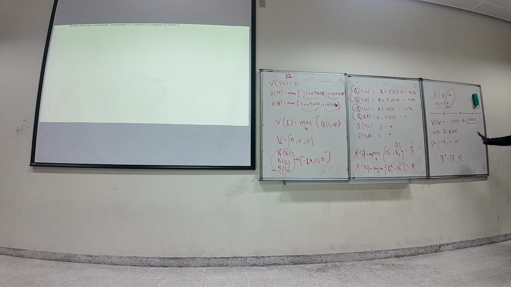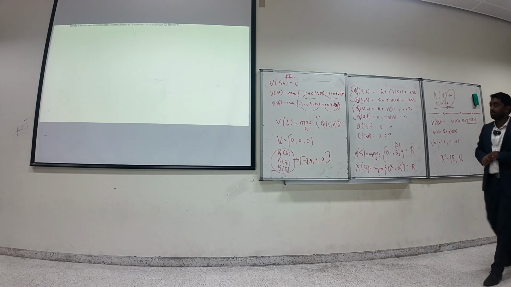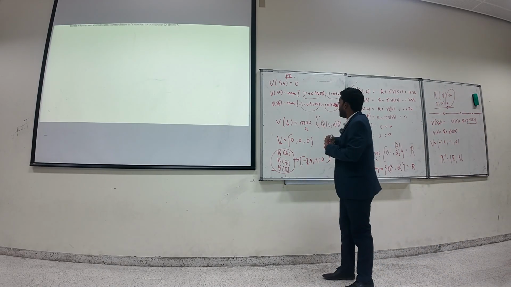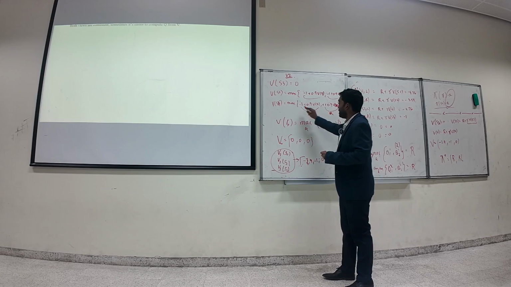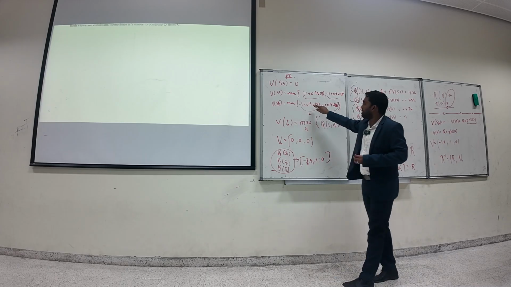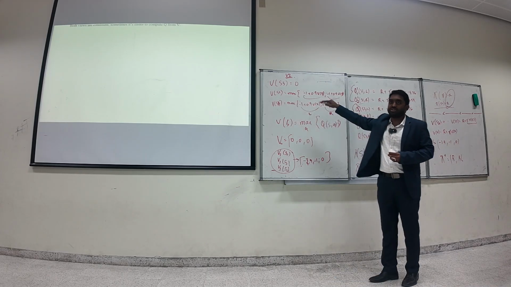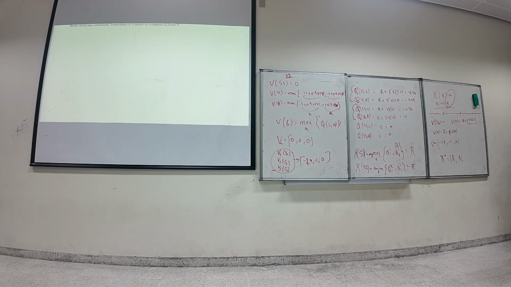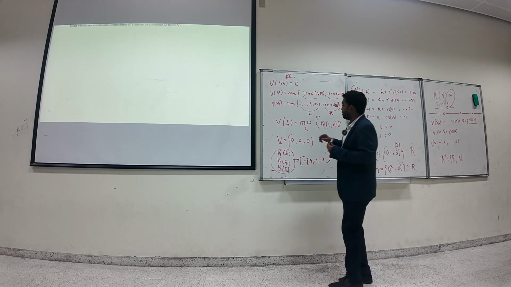Clear everyone up until this point? V of S1 equals the max of the left action you can take and the right action you can take. Left action would be staying in S1, so this would be minus 1 plus the discounted value function of S1. What is the 1 all the way down?